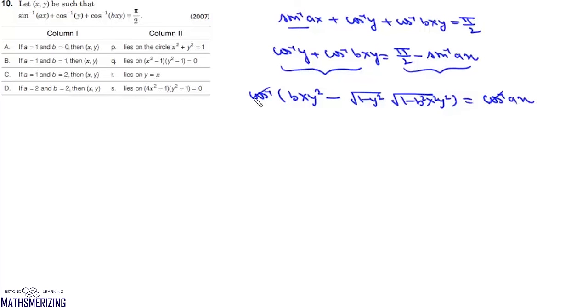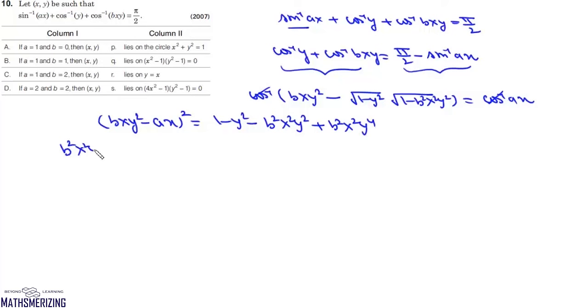Now cos inverse will cancel. Now we'll take this AX on the left hand side, and we'll take this under root expression on the right, and we'll square. So we'll get BXY square minus AX whole square, and it'll be equal to 1 minus Y square minus B square X square Y square plus B square X square Y to the power 4. Now we'll square it.